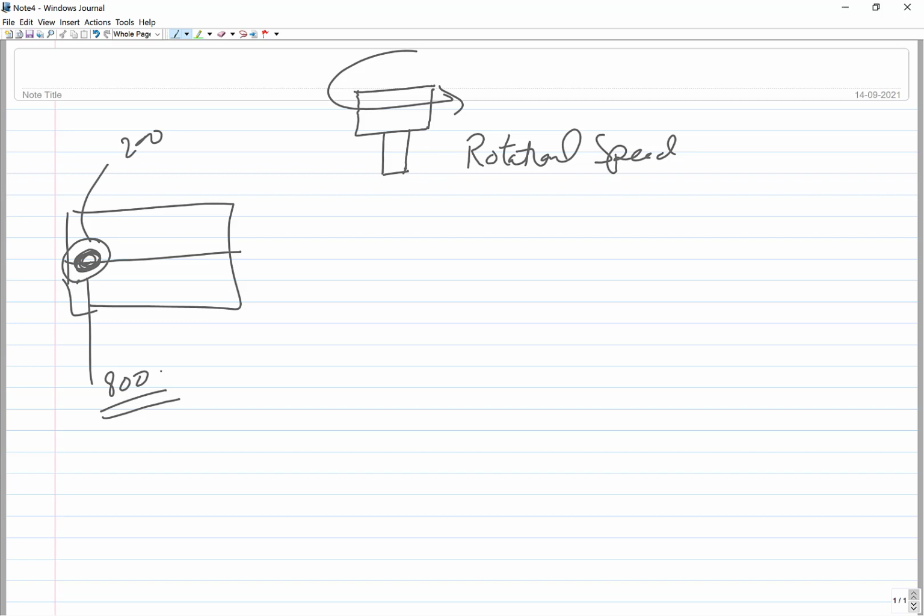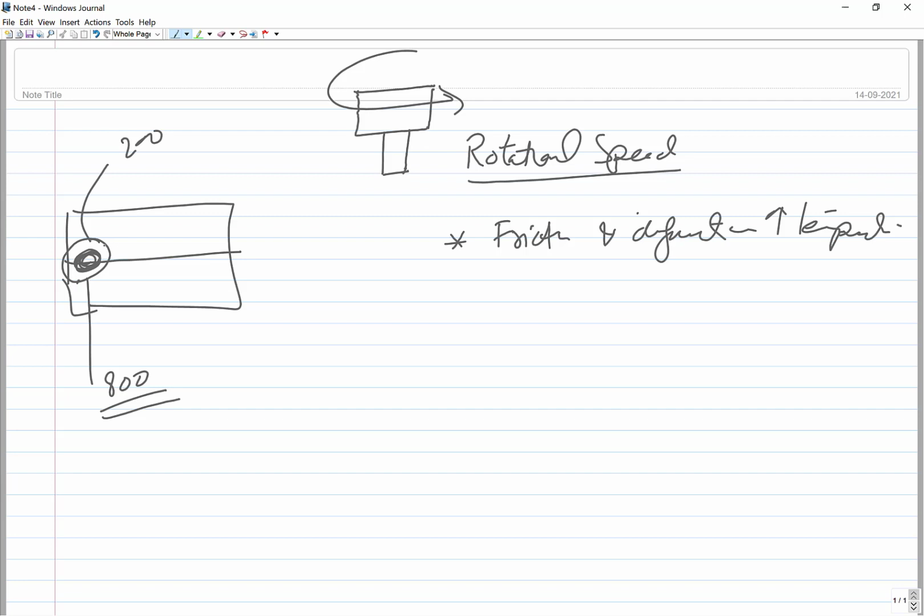So working with greater rotational speed simply increases both the friction and deformational heat generated, and that in turn increases the temperature of the metal.